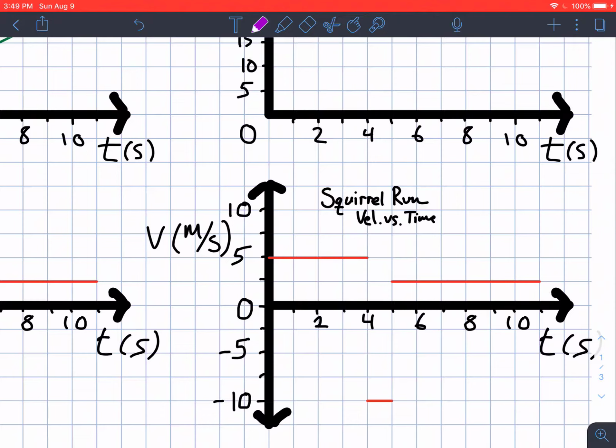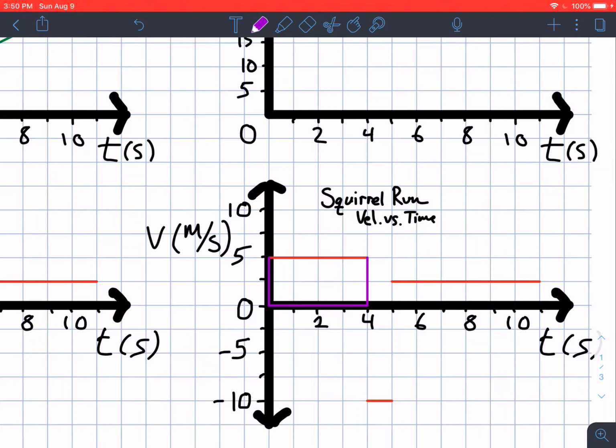Now when I talk about the area of the graph, we're talking about the space between the line of the graph and the axis, and we draw vertical lines in to bound that region off. Okay, so that's what we're going to draw, and now I need to figure out the area of that graph.